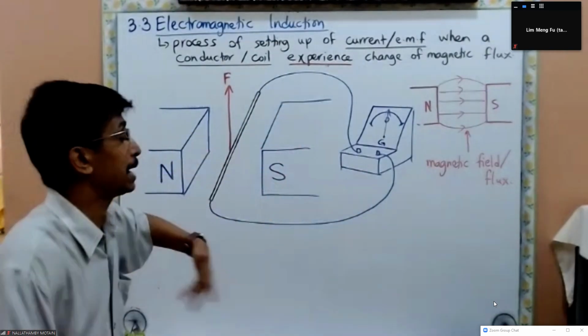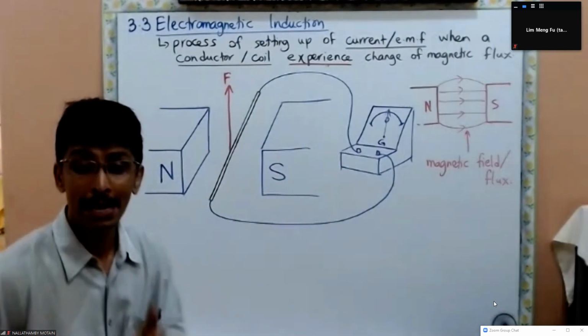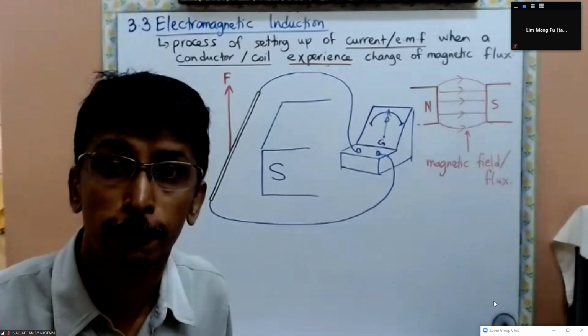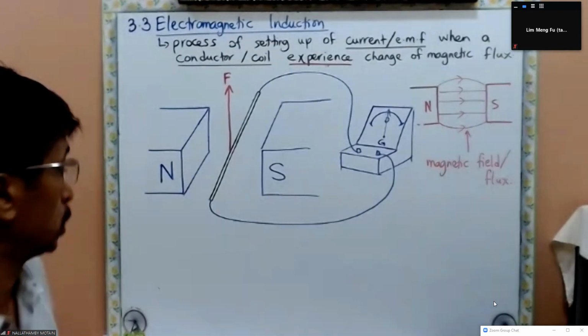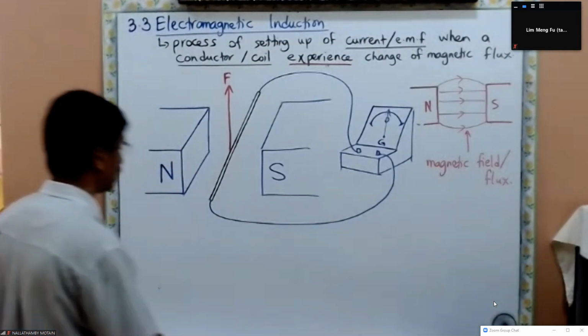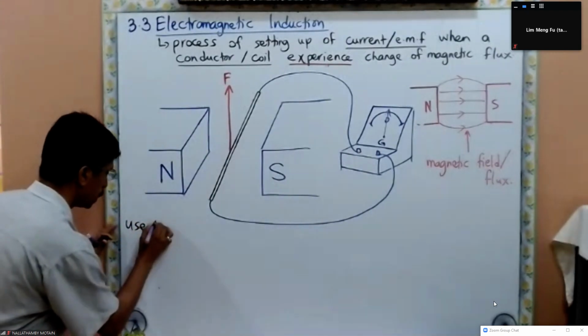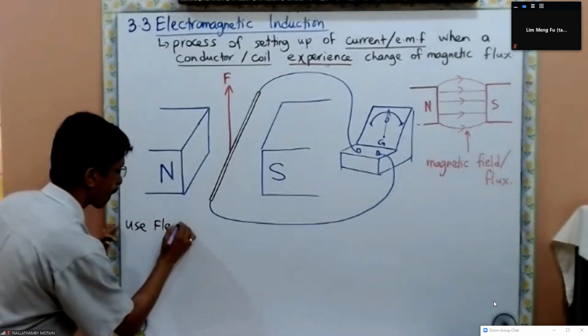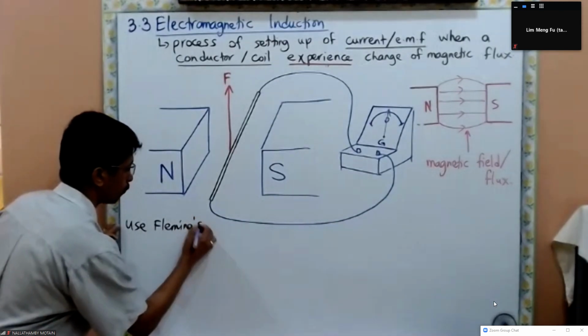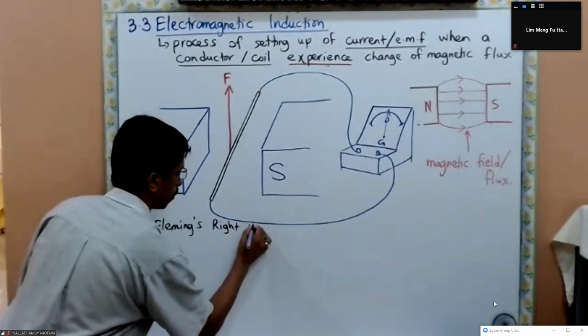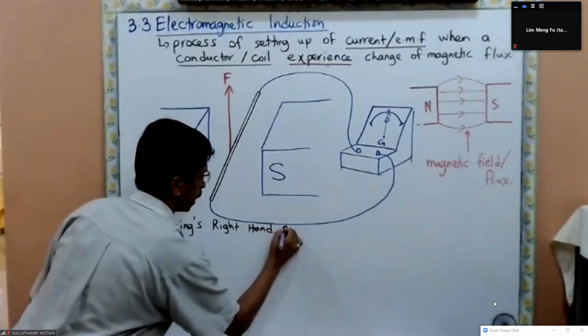So what happens? Current is induced. Don't use the word produce; use induced. The induced current we can identify using Fleming's right hand rule.